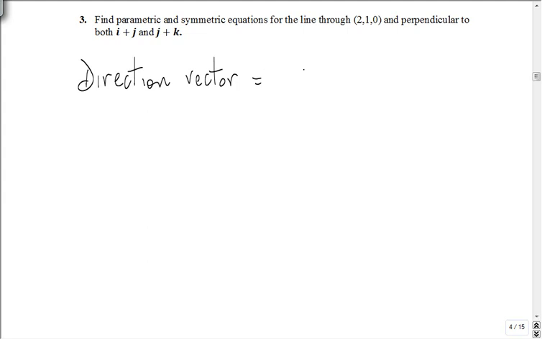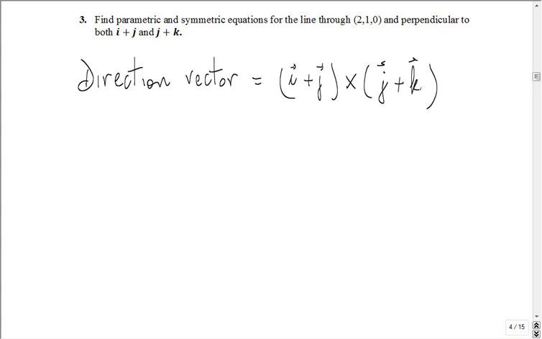So the direction vector is equal to the cross product of, say, i plus j cross j plus k. Now, these are the type of situations where I would let you use your calculator to get the cross product. You with me? Because it's within a question.